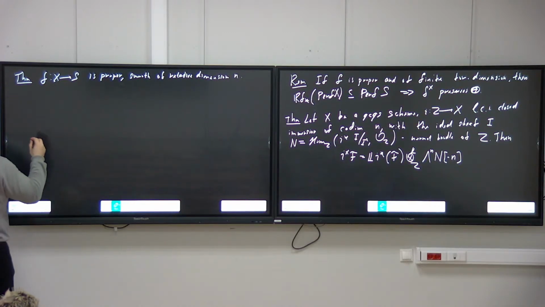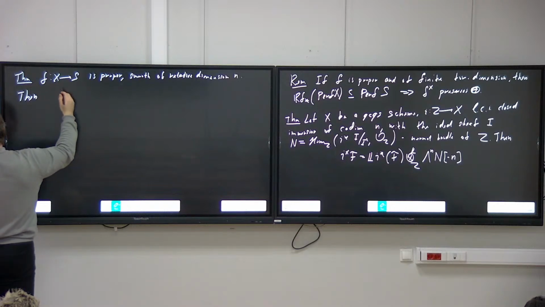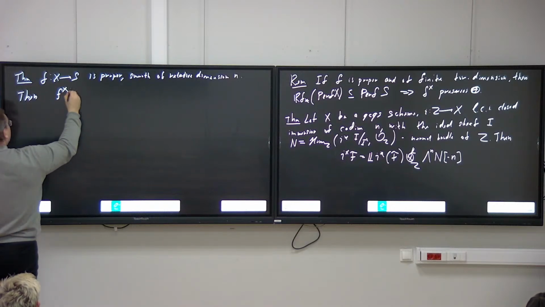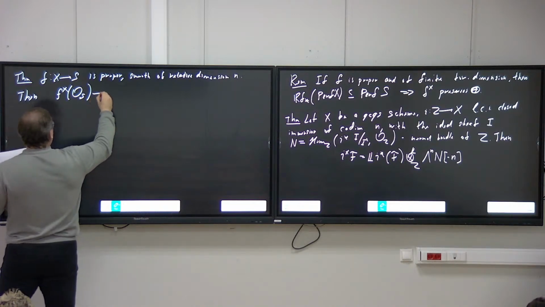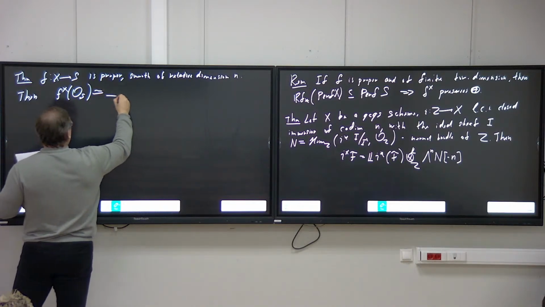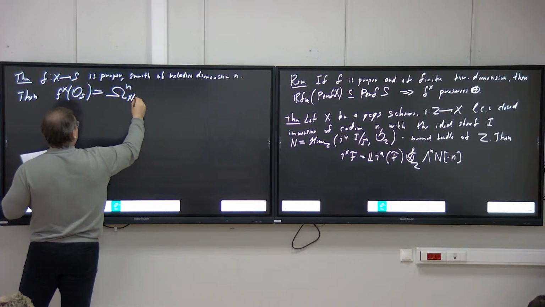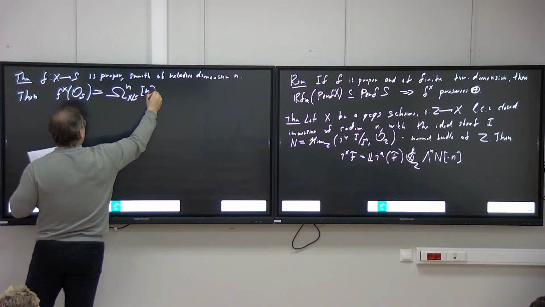So then in this case, I claim that the f with the cross applied to the structure sheaf O_S is quasi-isomorphic just to the omega_{X/S} shifted by n.